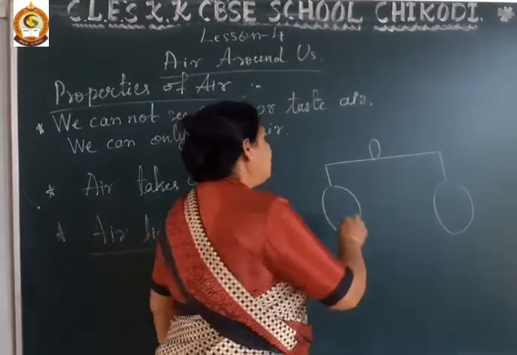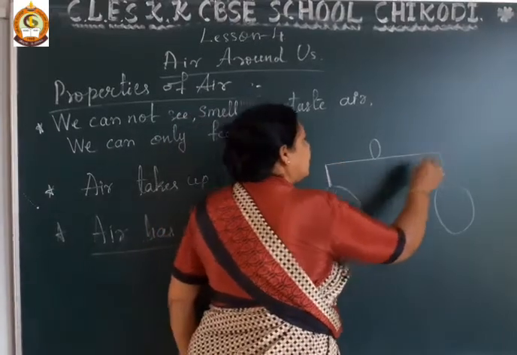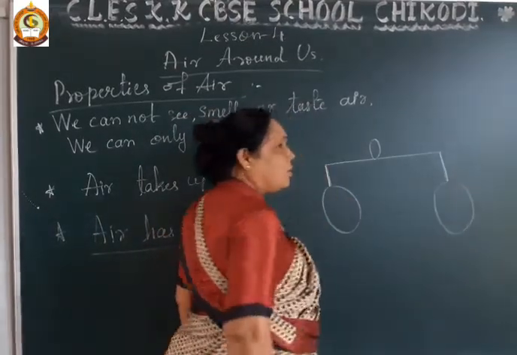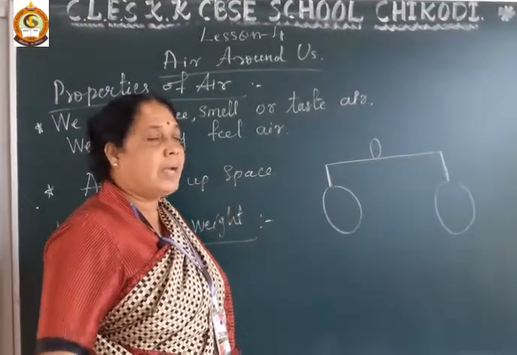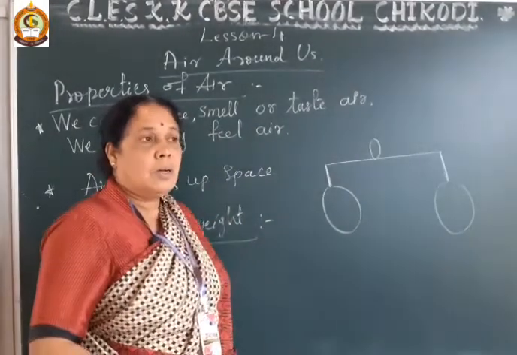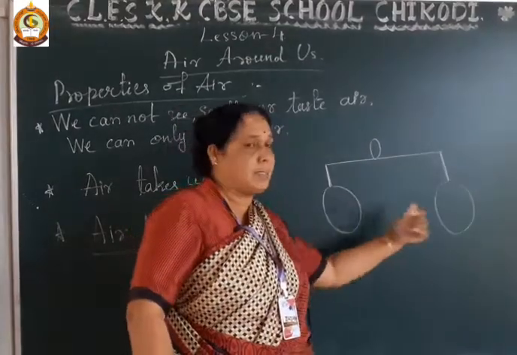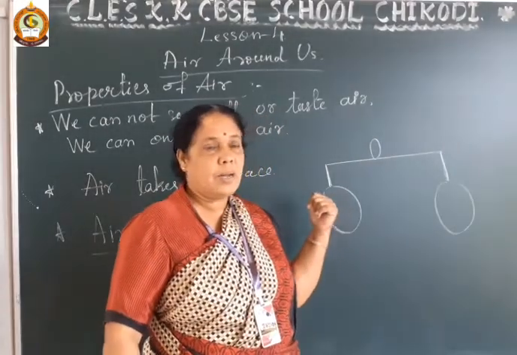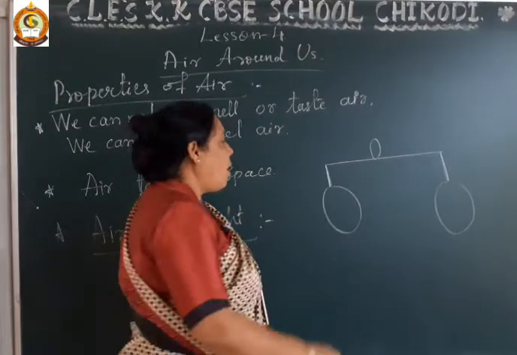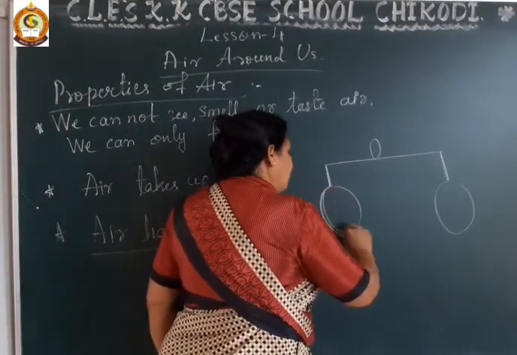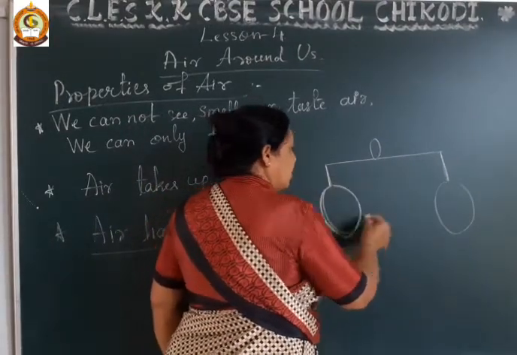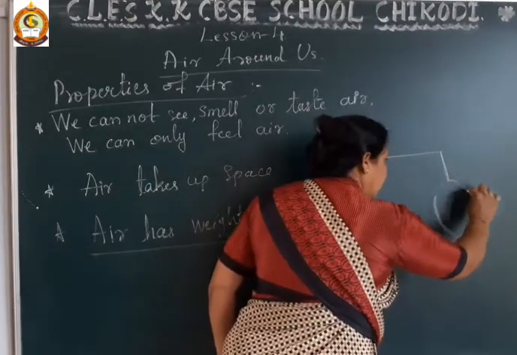On both sides tie threads of the same size. Take two balloons, blow both, and tie them on both sides. For both sides you have to tie two blown balloons.